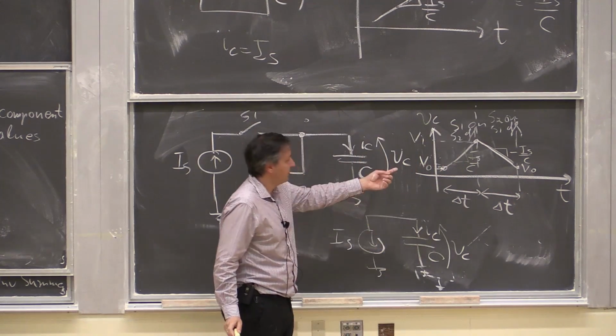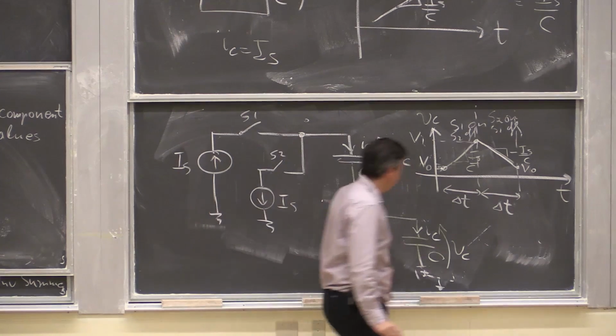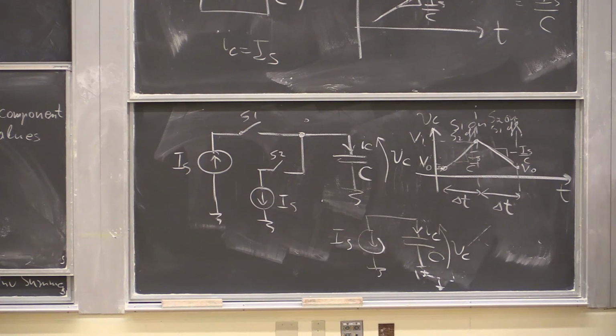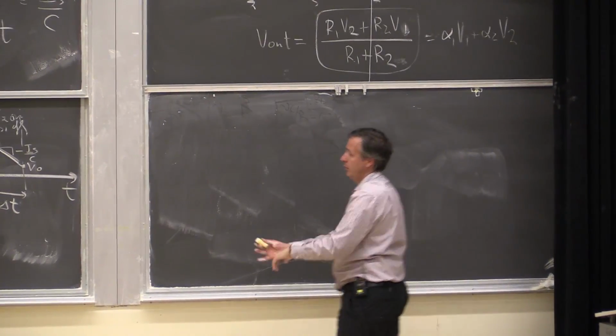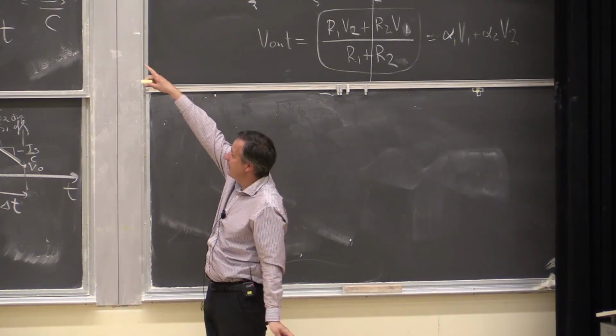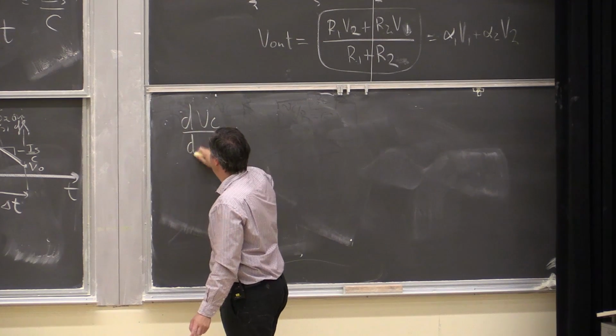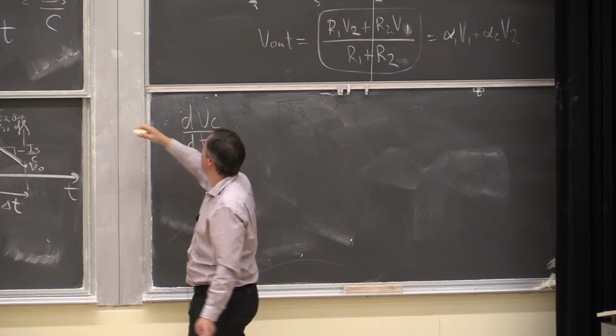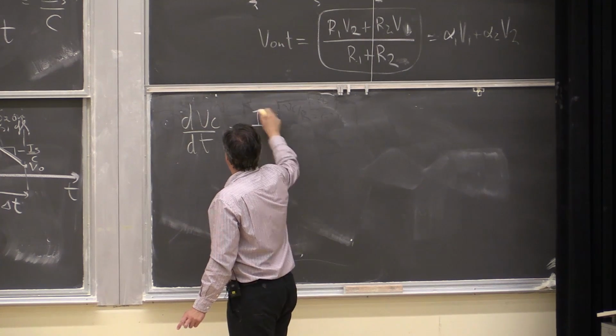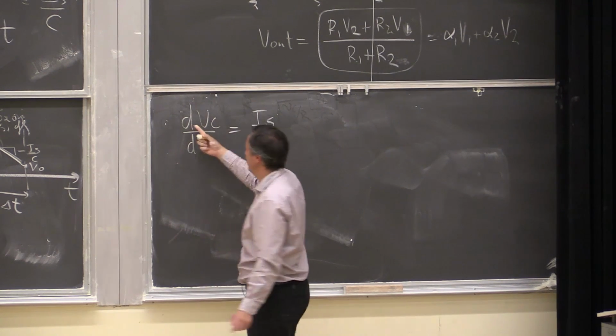So let's calculate that delta T. Right? It's all from that equation above. I have dVc/dt equals, in the first phase, IS over C, right?